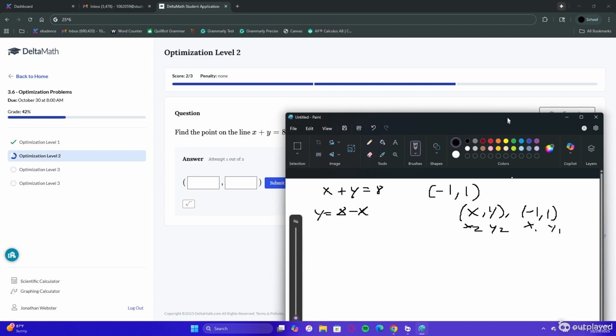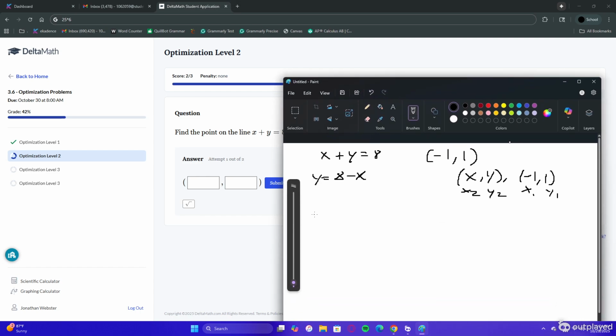So now using the distance formula, we have d squared equals (x plus 1) squared plus (y minus 1) squared.